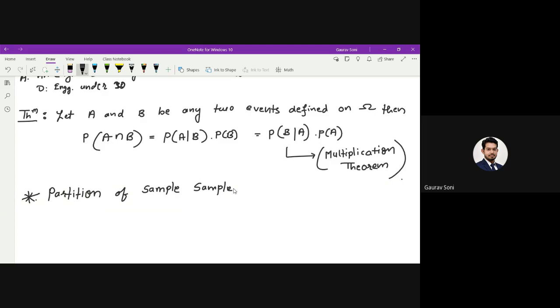Have you heard the term at least? Partition means grouping of elements. Have you heard about partition of sample space? Sample space we have.